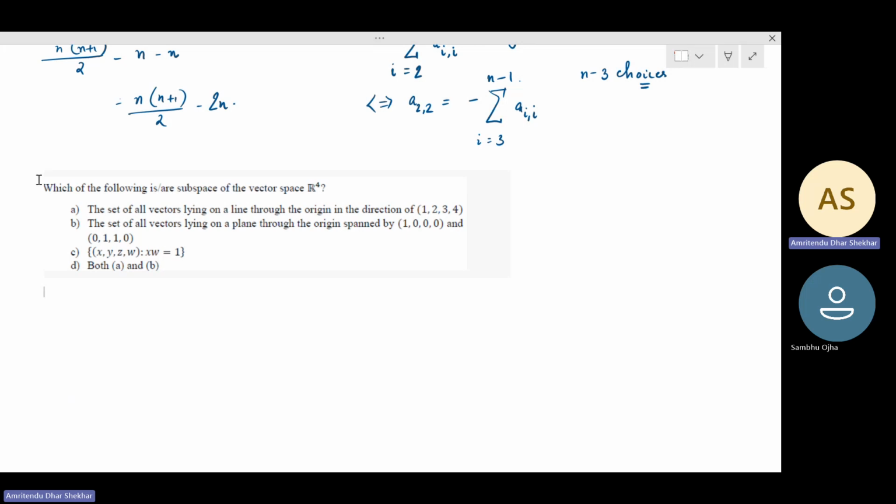So when they say the set of all vectors lying on a line through the origin in the direction of this particular vector 1, 2, 3, 4, what they mean is that the line through the origin is basically a vector subspace of R4.